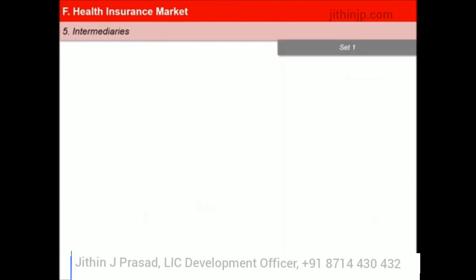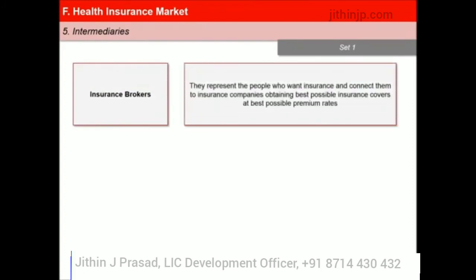A number of people and organizations providing services as part of the insurance industry also form part of the health insurance market. All such intermediaries are governed by IRDA. These include: first, insurance brokers, who represent the insurance-needy people and connect them to insurance companies, obtaining best possible insurance covers at best possible premium rates.